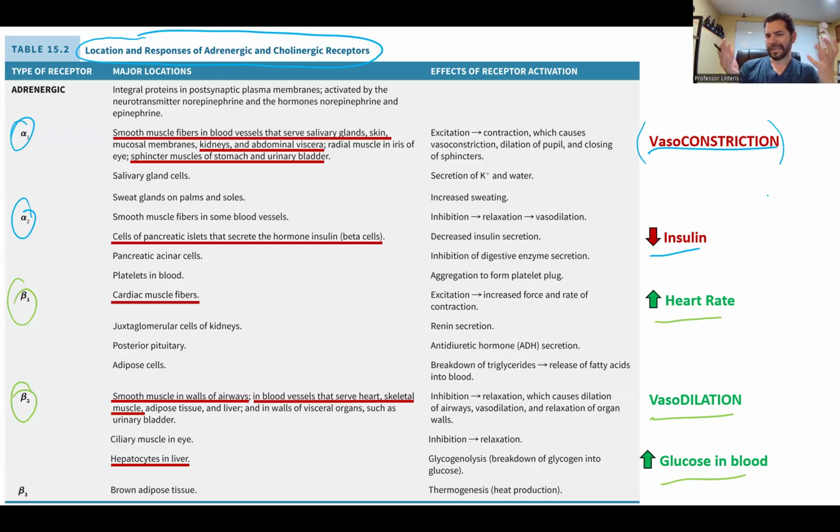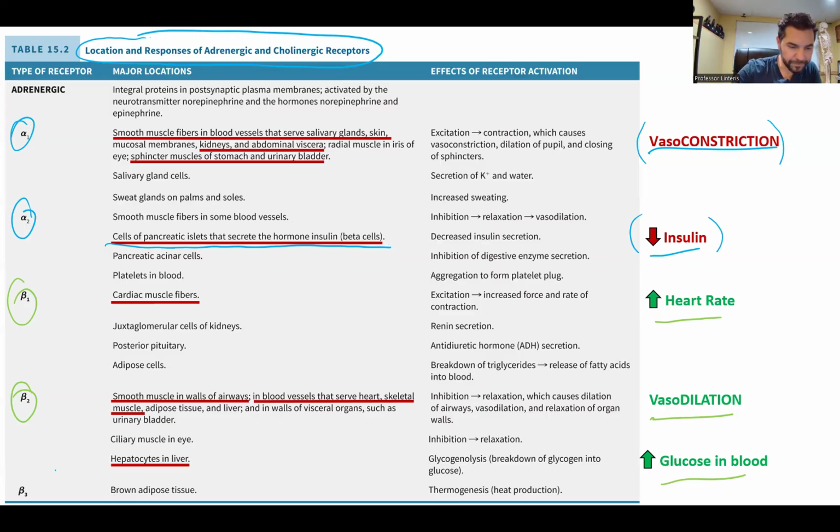Because you don't really need a lot of activity of that digestive function, etc. The alpha 2s will decrease insulin, right? What's going to respond? The pancreas. Certain tissue has certain receptors, but it makes sense because we want to decrease digestive function. On the other hand, so think the alphas kind of shut things down.